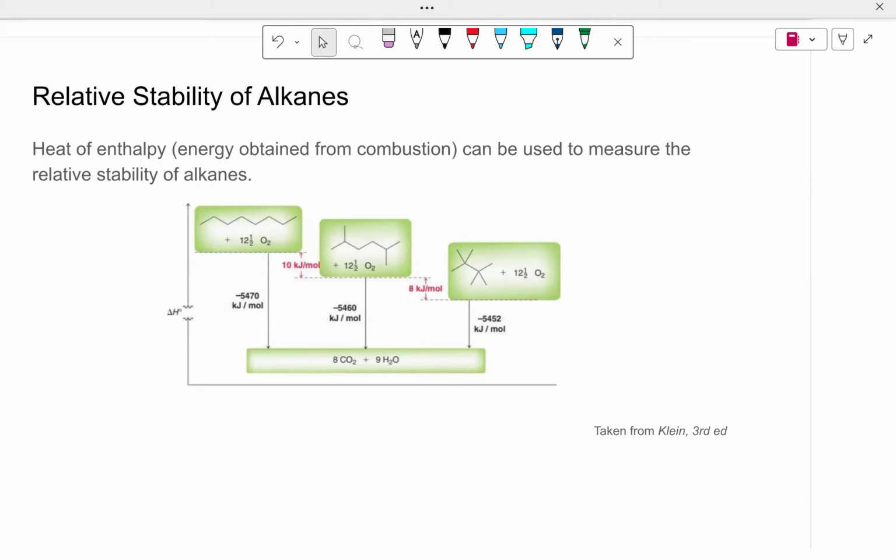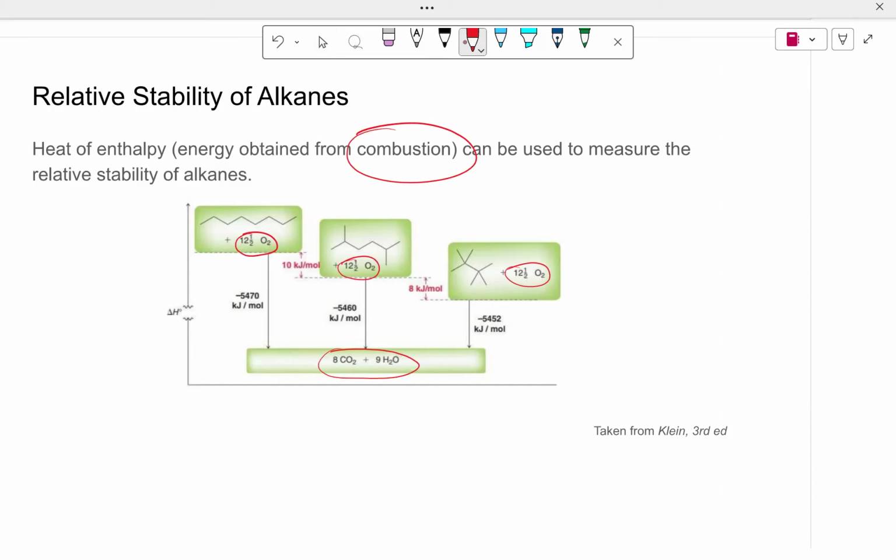Essentially, the way that we test this is we take the compound and we ignite it. We basically calculate the heat of enthalpy, which we obtain by combusting it. So each of these is reacted with the same amount of oxygen to get the same products, same ratio of products, but they each release a different amount of energy.